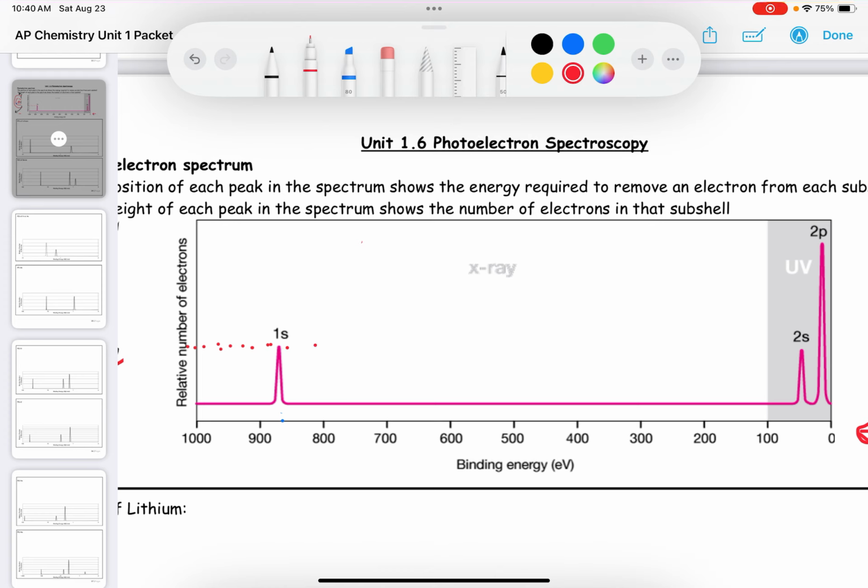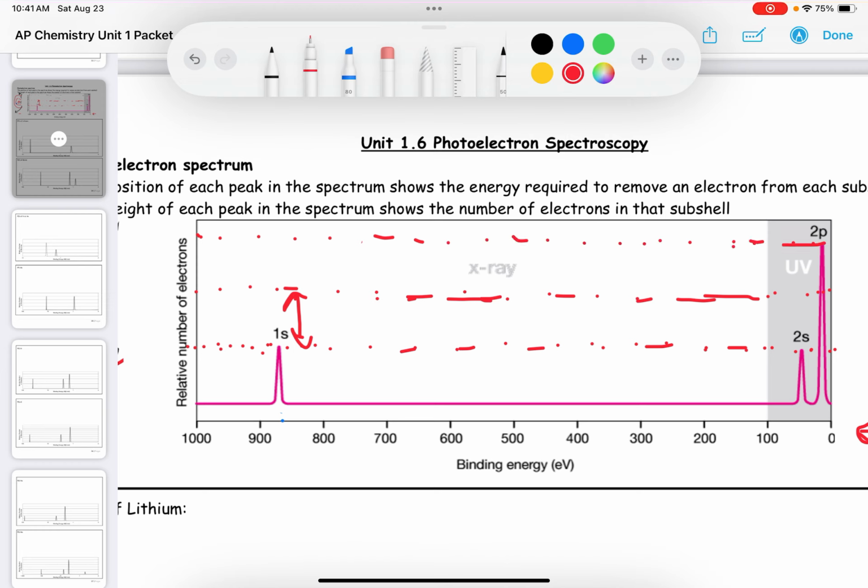So if that height is representing 2 electrons, and we double that, then this height must relatively be representing 4 electrons. And then if I put another length of 2 electrons on this again, that must be 6 electrons, right?